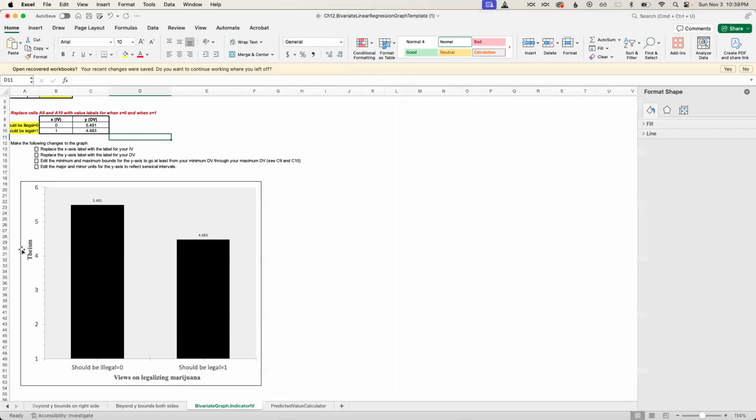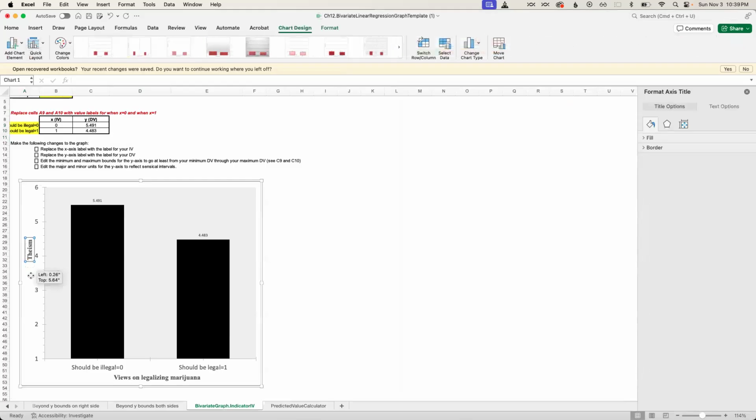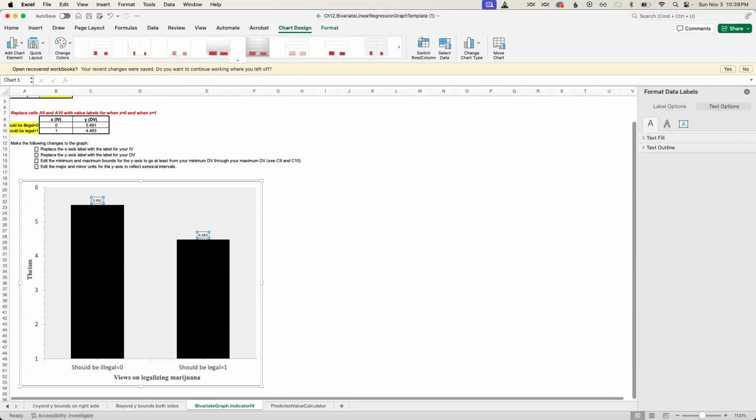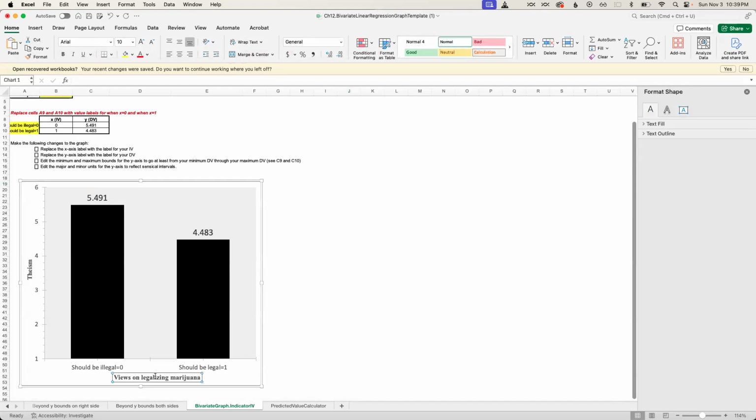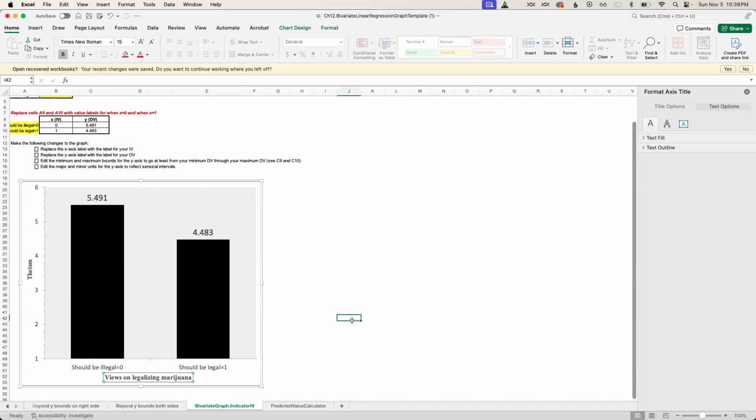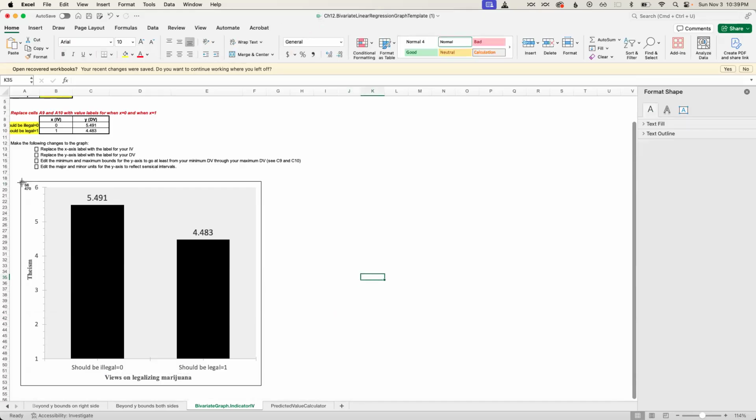Okay. So I want this to be a little more centered. These are a little small. Okay, so here's my graph.